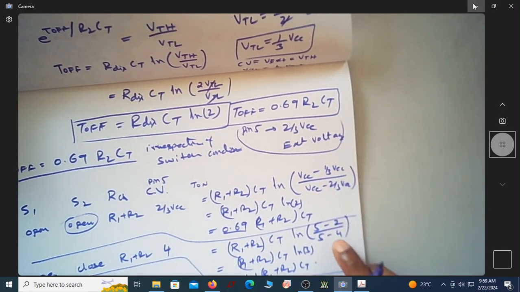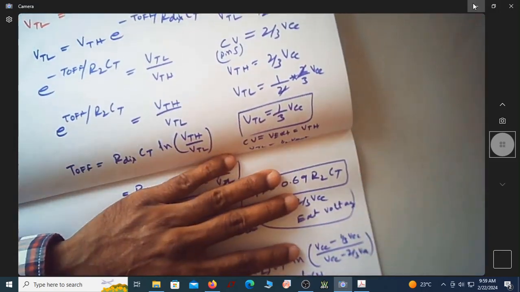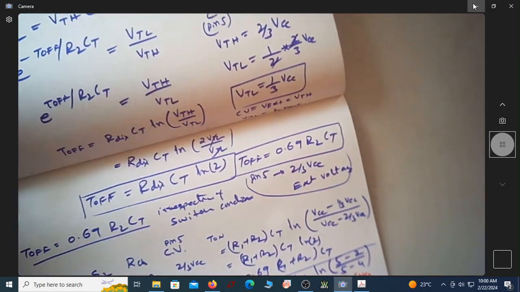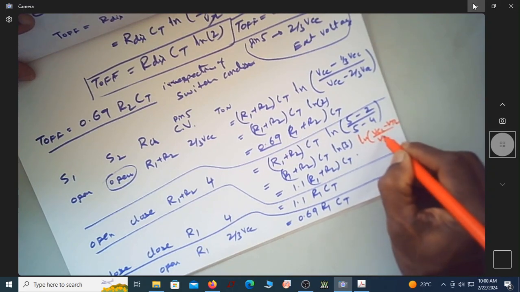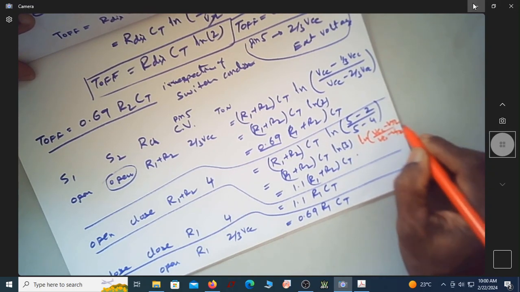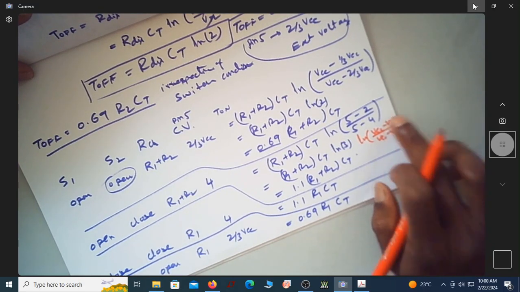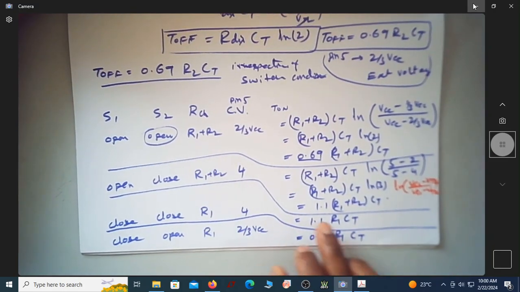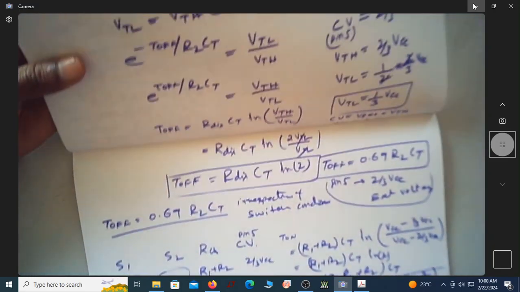In general, you know that this is actually ln of (VCC minus VTL) by (VCC minus VTH). Whatever external voltage I connect, this is the external voltage, this is half of the external voltage. These are the expressions for on time and off time, depending on the condition of the switches.